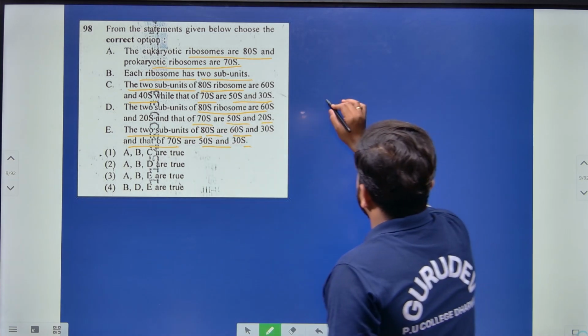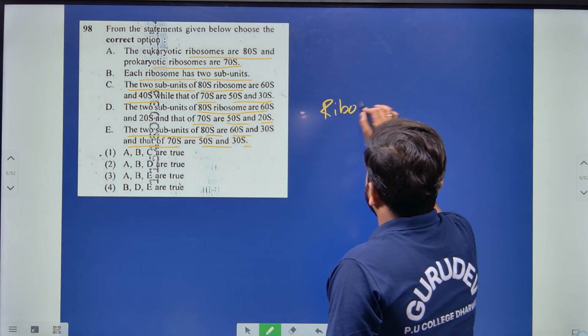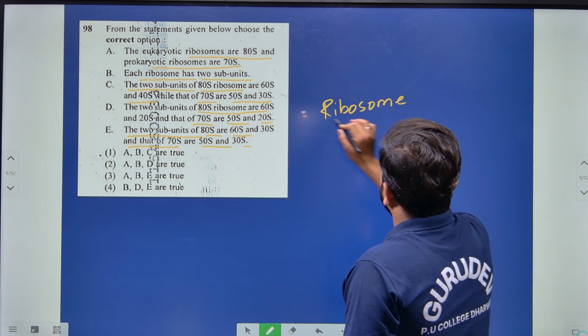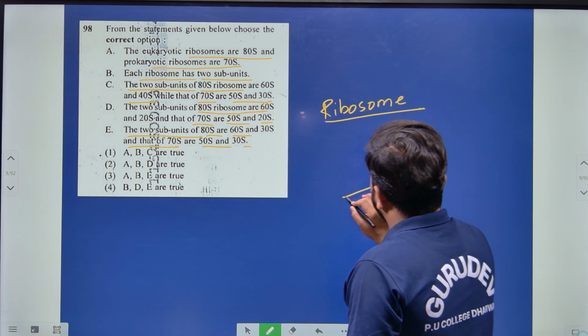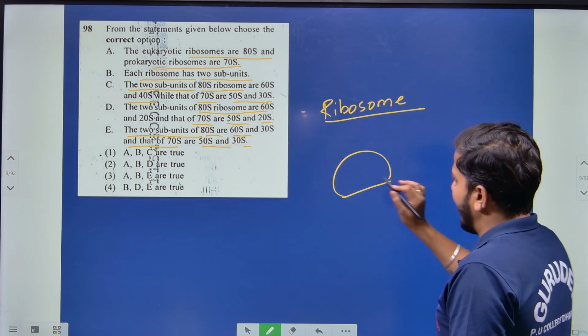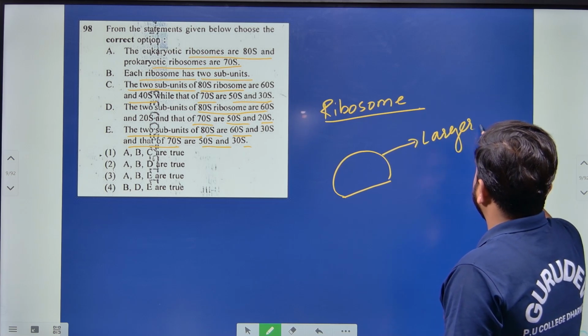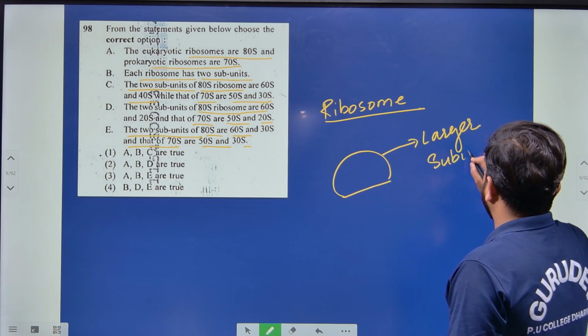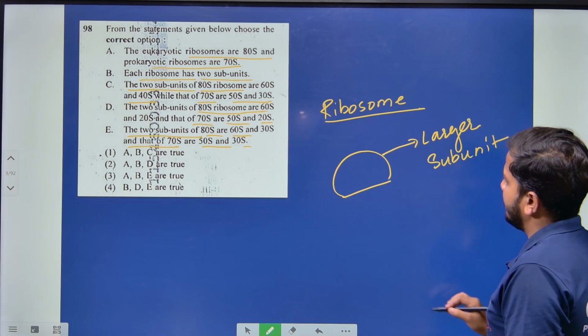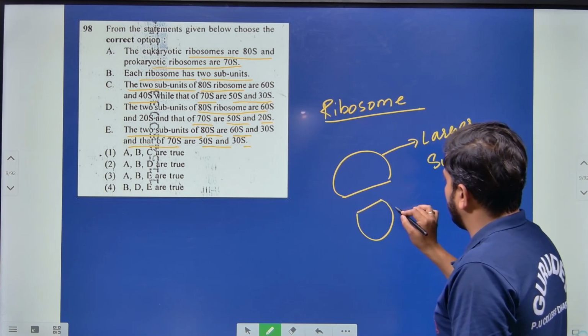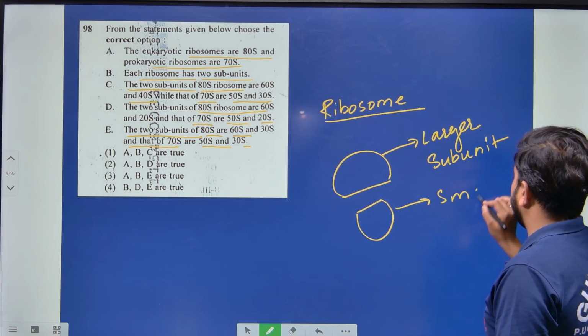If you consider the structure of the ribosome, it is a suborganelle which has one unit known as the larger subunit, which is larger with respect to density, and one more known as the smaller subunit.